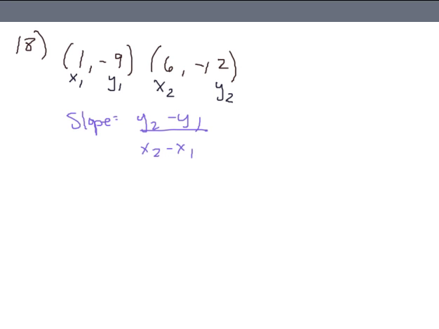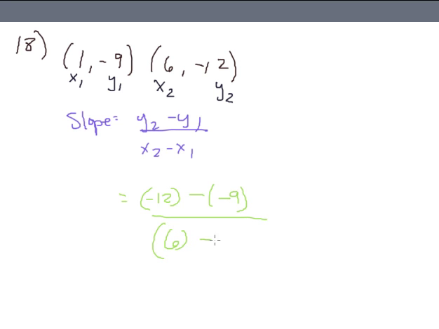So let us plug in our known values here. So we have here y2 is negative 12. Put that in brackets, subtract by y1, which is negative 9. x2, which is 6.